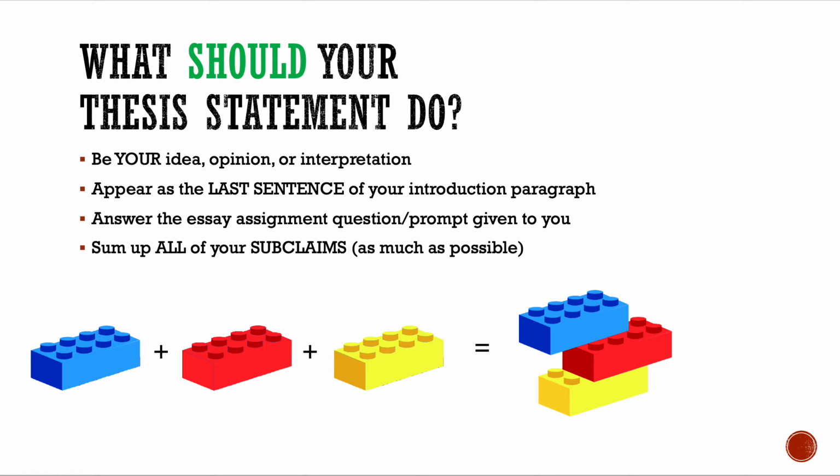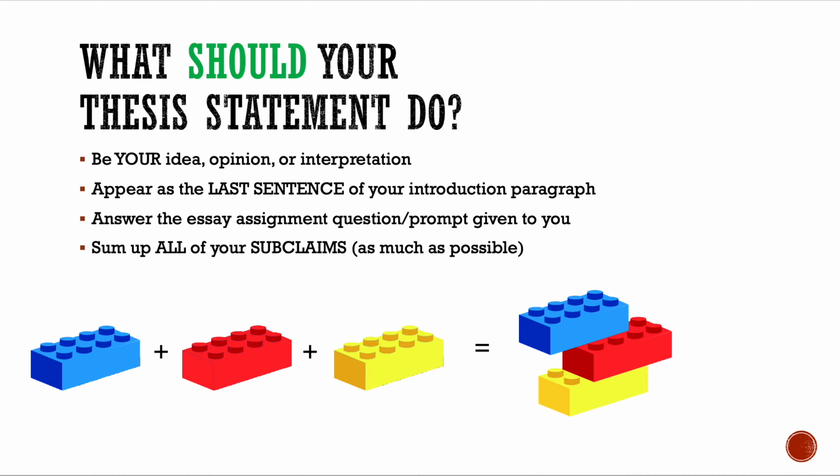That's the major thing your thesis statement should do. Sum up all your subclaims and tell your reader what to expect of your argument to come. But here are some other things your thesis statement should do too. First, it should be your idea, opinion, or interpretation. It should be arguable. It can't just be a simple observation or a fact like the sky is blue. In a standard college paper, it should appear as the last sentence of your introduction paragraph.